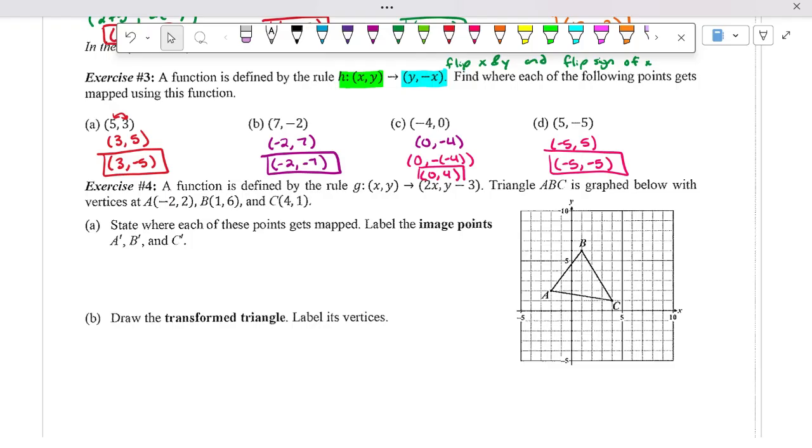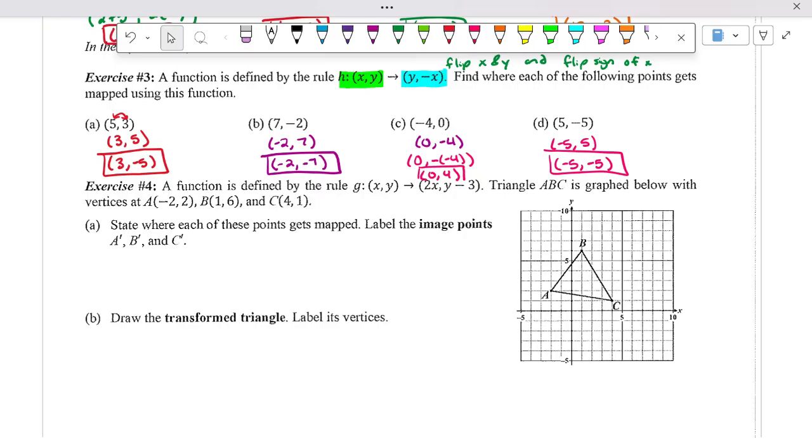All right, and they have the graph points A, B, and C, which is on that triangle on the graph, and they give the points listed there. Now, they want us to use that rule to find the new vertices A prime, B prime, and C prime.